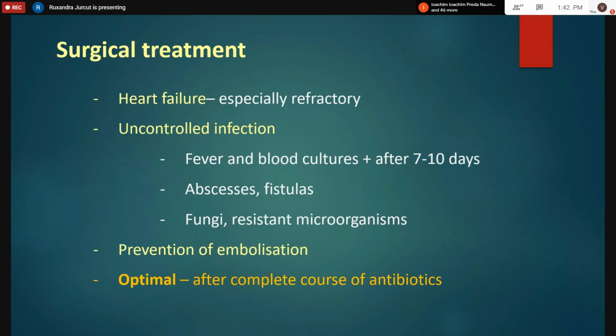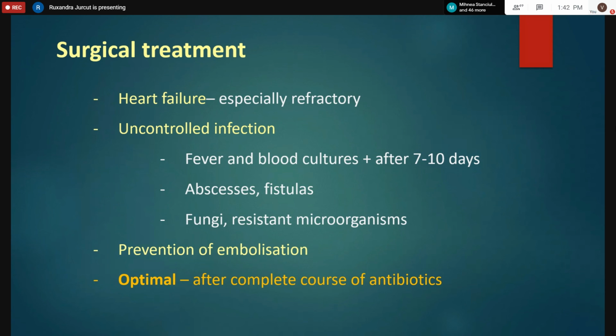Because if there is still an infection in the heart, you put a prosthesis and there is a high risk that the prosthesis gets infected as well. So usually the surgeon prefers to do the operation after at least 2 weeks of good antibiotic treatment, and optimally at the end of the antibiotic treatment, so 4 to 6 weeks.